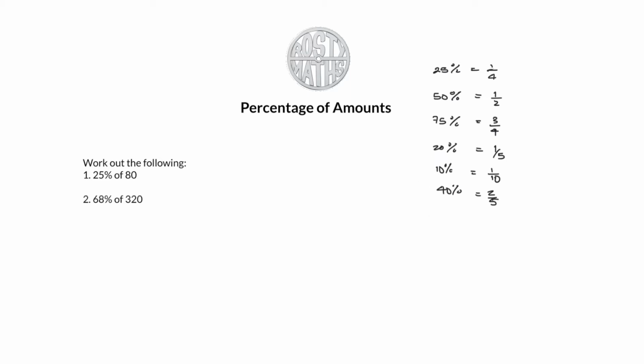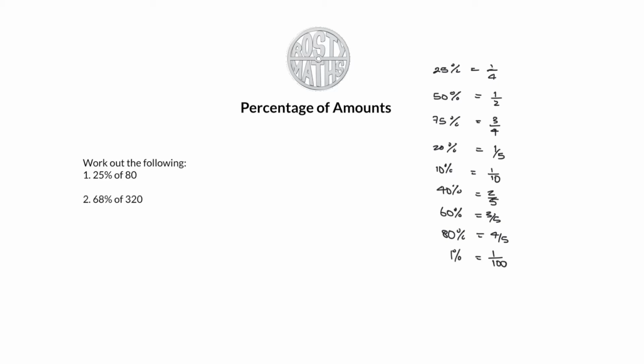So I'll jot that one down as well, that 60% is going to be 3/5. 80% is going to be 4/5. And so on. So these are things you should know. And last of all, I'll mention 1% is 1/100th. Why? Because percent is out of 100. So these are things that, I'm going to say it again, you should know.